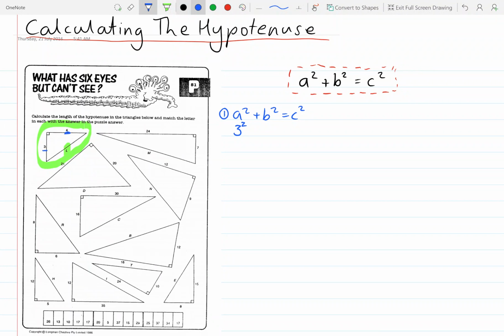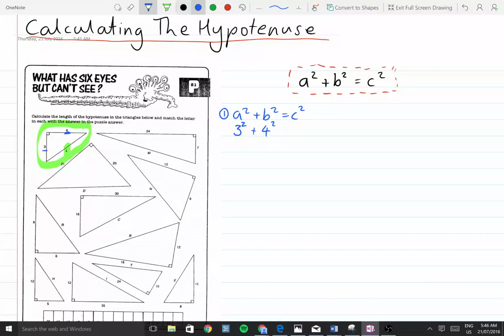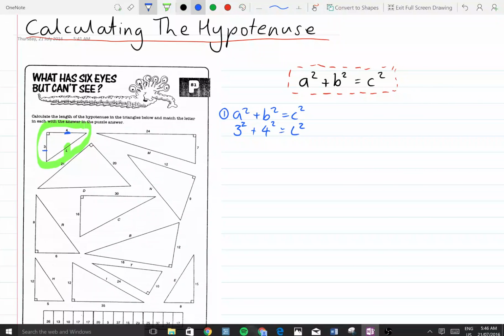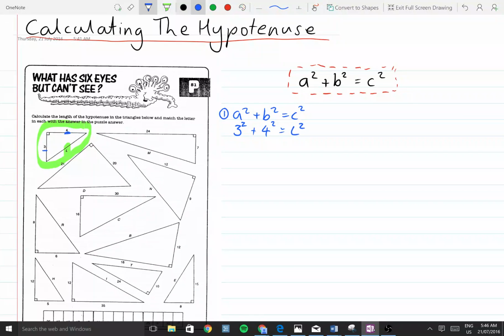B is 4 because it's one of the short sides of the triangle, and we're going to square it because that's what the formula says, equals c squared. Well, sorry, we'll use L squared because that's what we're trying to find out, that missing side, that longest side, that needs to be the c. Okay, so c squared is now L squared because L is the length of that side on the triangle, what we're trying to find out.